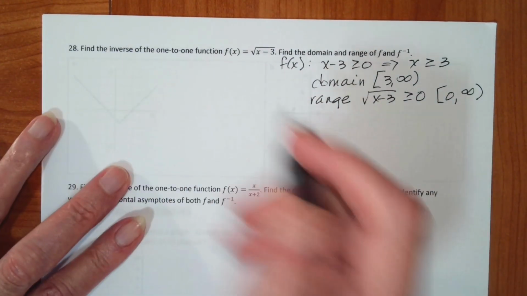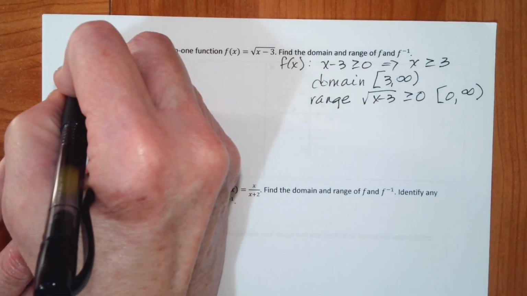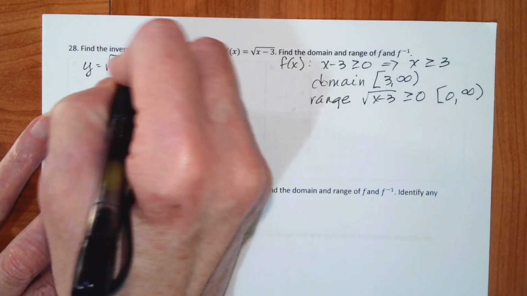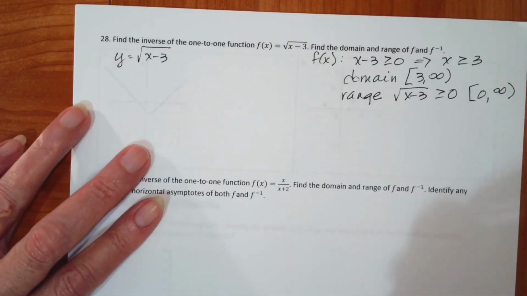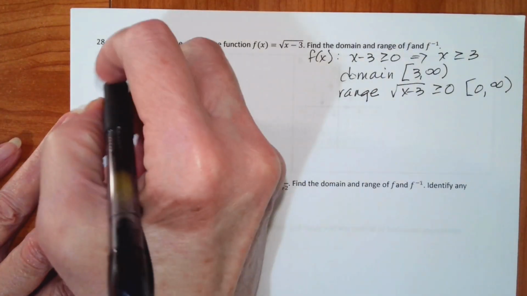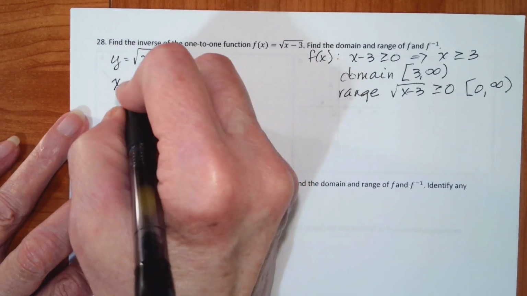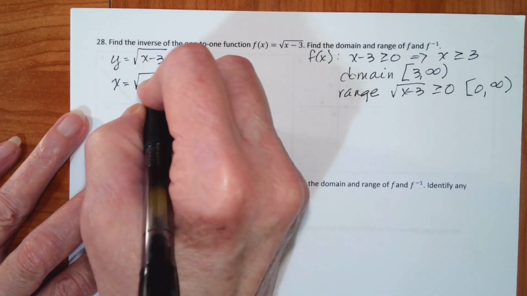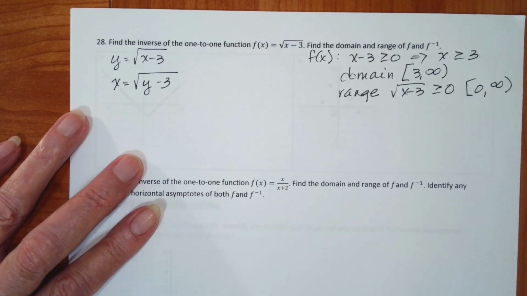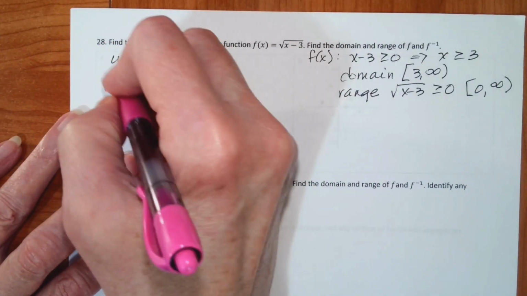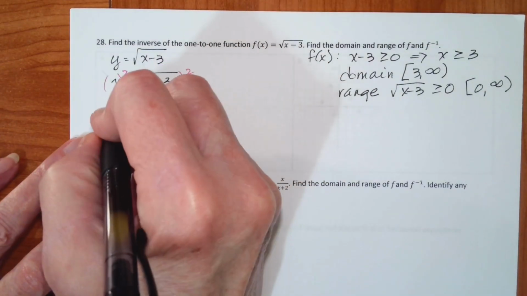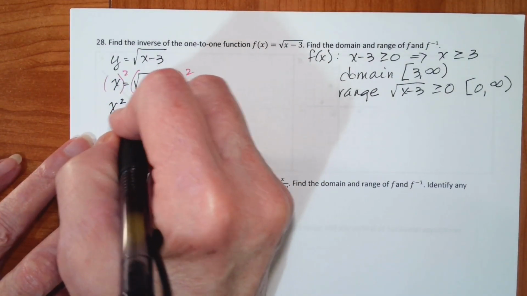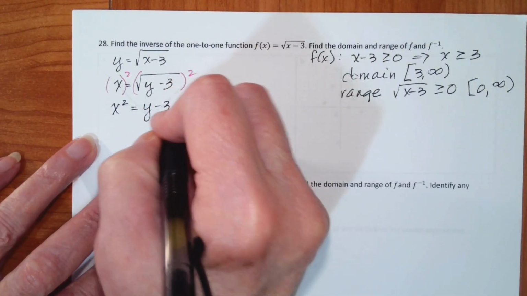All right, so let's find the inverse. So I start out with y equals the square root of x minus 3. So now I'm going to switch the x and the y. So x is the square root of y minus 3. Now I'm going to square both sides, which tells me that x squared is equal to y minus 3.